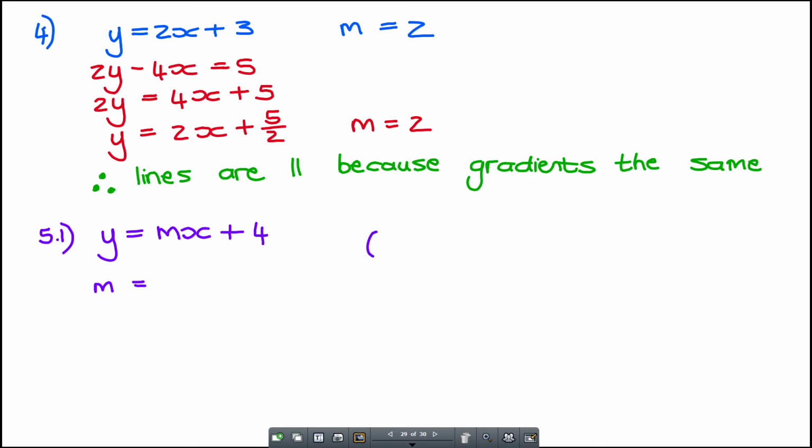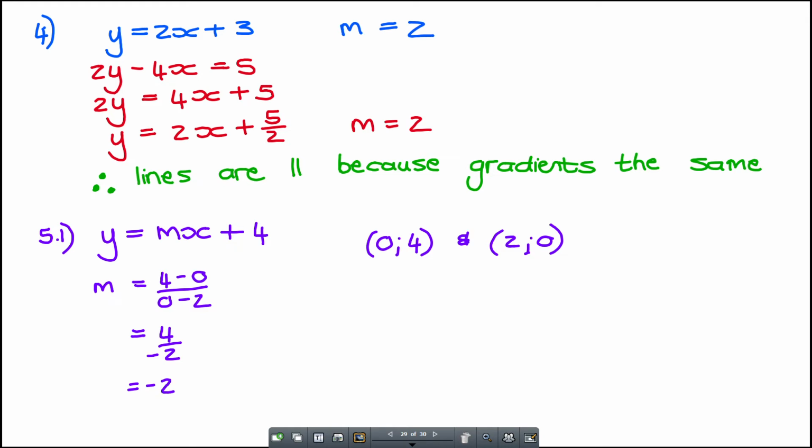Daai koördinate wat my gegee het, is waar y 4 is, en waar x 2 is. So, difference in y will be 4 minus 0, and difference in x, 0 minus 2. Met ander woorde, 4 op minus 2, so that means negative 2.